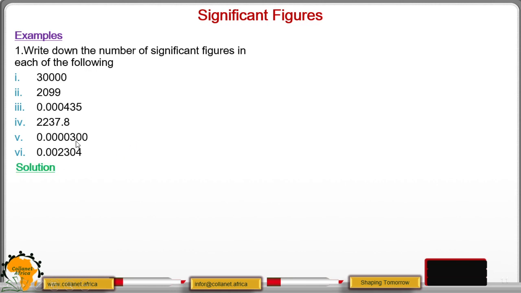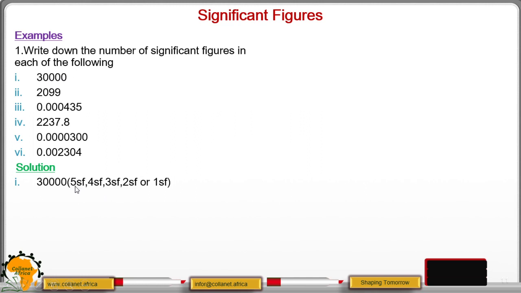All these values, you're supposed to write the number of significant figures in each of these numbers. Now, to do so, we start with the first digit on our left hand. You count. By counting, you have 1, 2, 3, 4, 5.